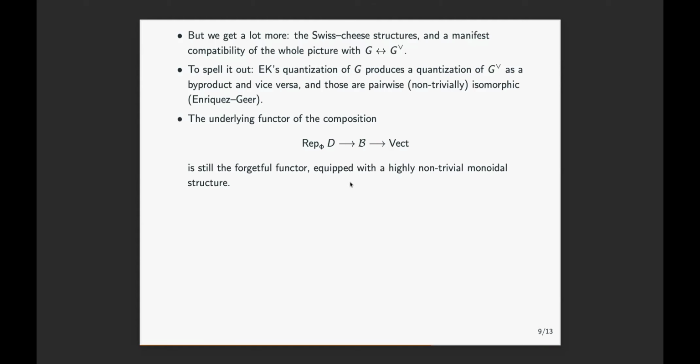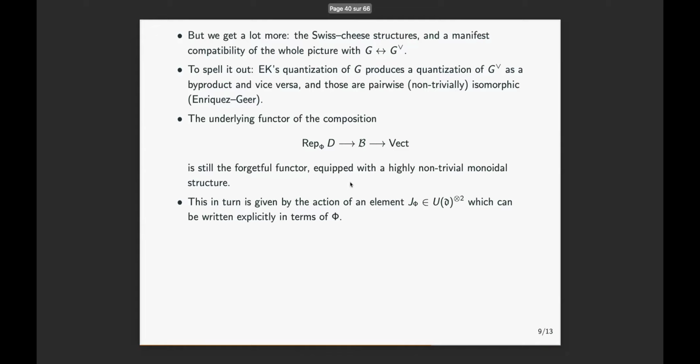The claim is that this composition is still the forgetful functor. And at the end of the day, what we get is a highly non-trivial monoidal structure on that. In turn, this monoidal structure is given by the action of some element J in the enveloping algebra of D. And the claim is that this is the star of the story. All of this structure, the switch of structure, both of the quantizations, are all encoded in very complicated elements.